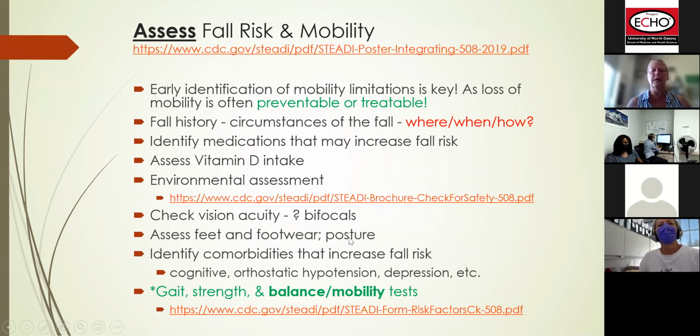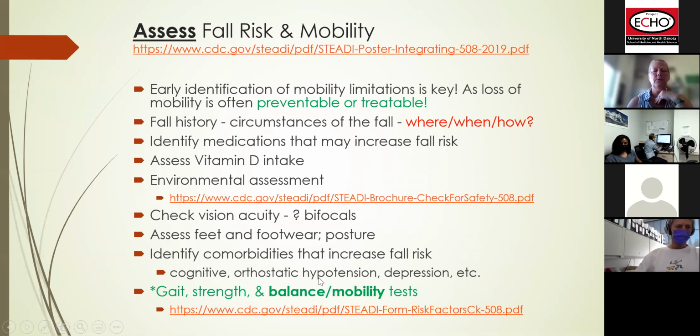Are the glasses adequate? Are there things we can do to adapt how she uses bifocals when she's walking? You guys addressed assessing footwear, maybe assessing posture, maybe looking at what her blood pressure is lying down versus sitting versus standing. Is this still a factor?